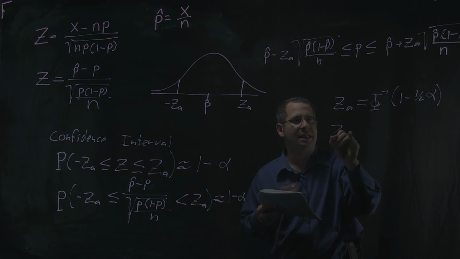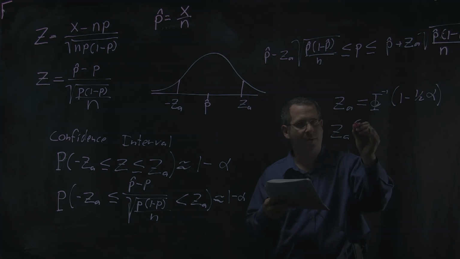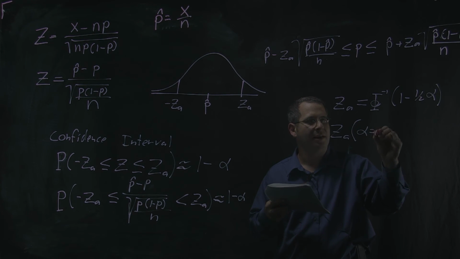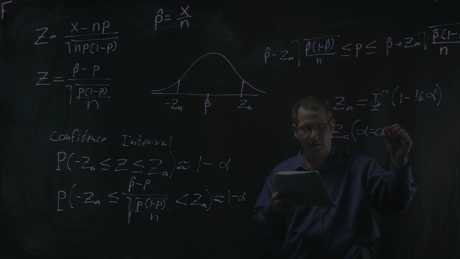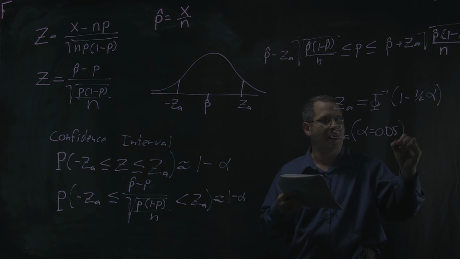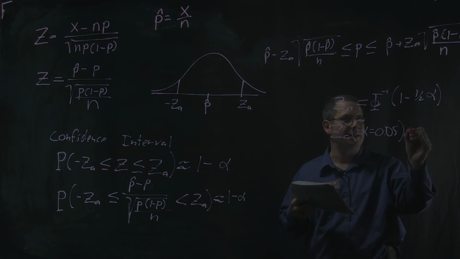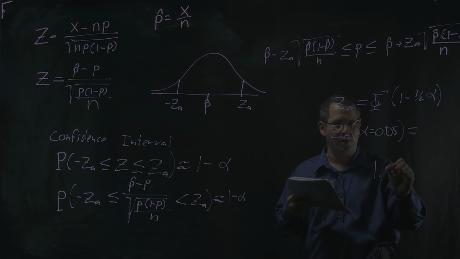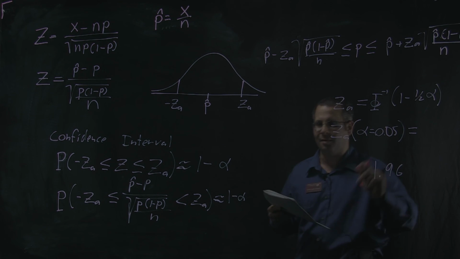And remember, if our alpha is equal to 0.05, which it normally is, that ends up always equaling 1.96. So we don't have to look that up every single time.